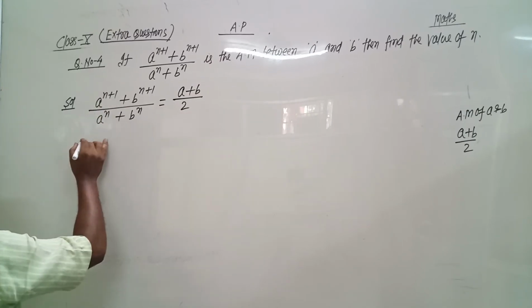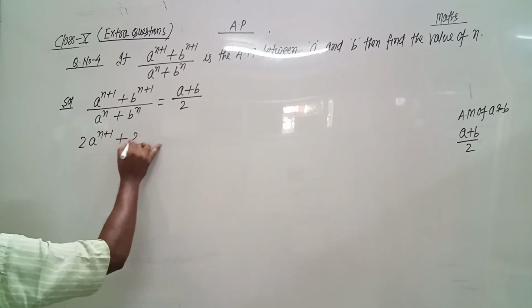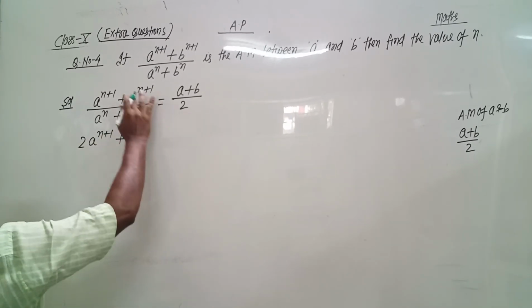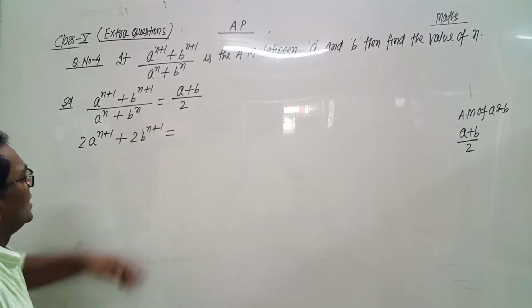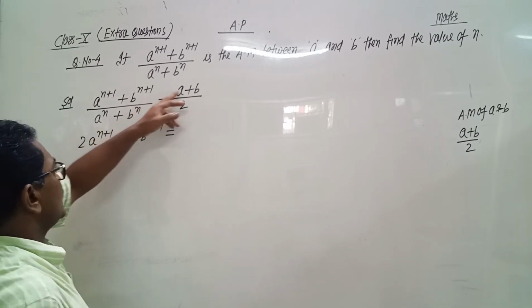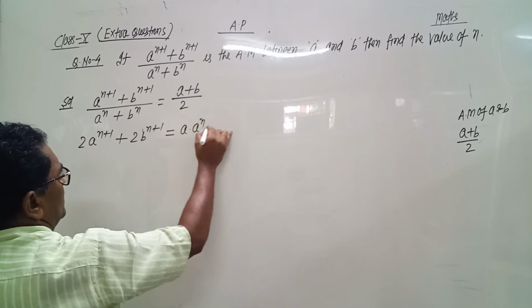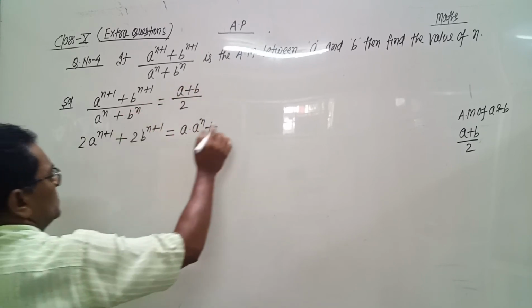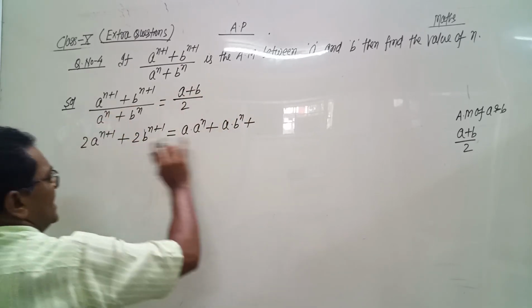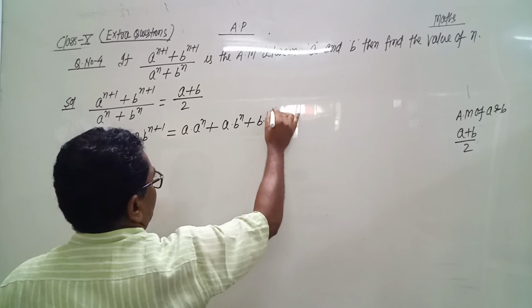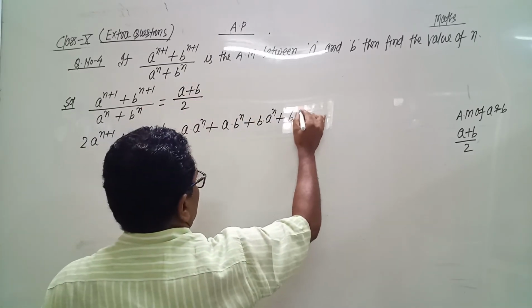So 2 multiplied by a raised to the power n plus 1 plus 2 multiplied by b raised to the power n plus 1 equals to a into a raised to the power n, a into b raised to the power n plus b into a raised to the power n plus b into b raised to the power n.